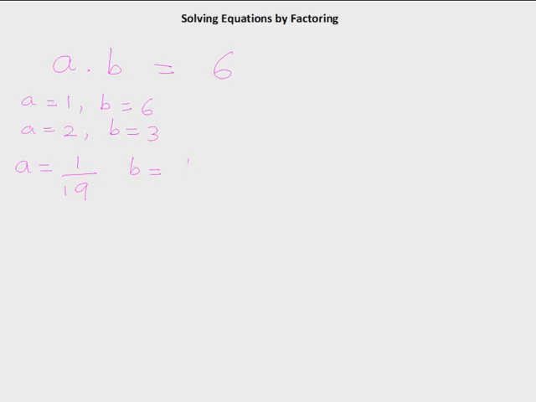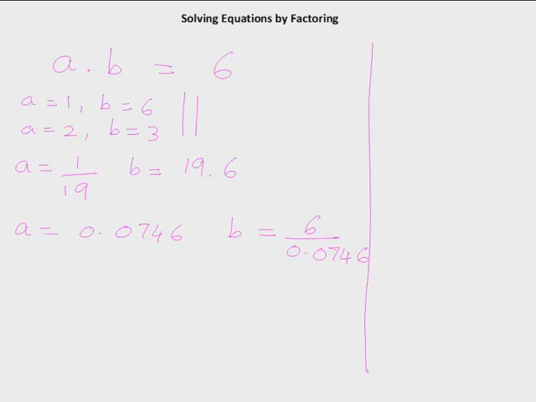I can say b is 19 into 6, or a could be 0.0746, and then I could find b. b would be 6 divided by 0.0746, and so on. So I can get infinitely many pairs of values for a and b. If a into b is 6, then I can't say anything about a and b.